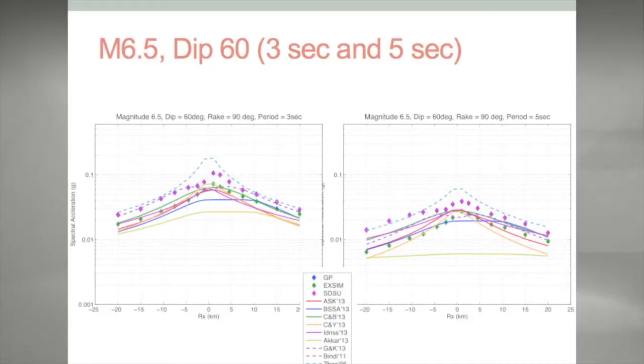Once you get to the other side, XM again is up and down, but as the Graves and Bitarka rolls over to the other side, SDSU is falling off a little bit quicker. And then you have a wide variability, obviously, between the GMPEs, even more so on the 1 second side. And these are the long period.